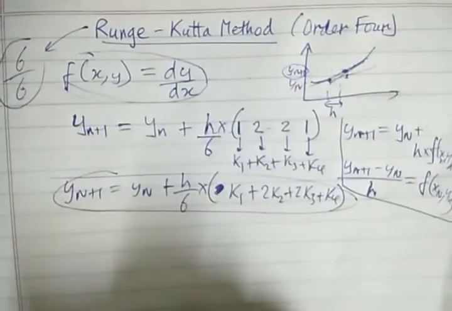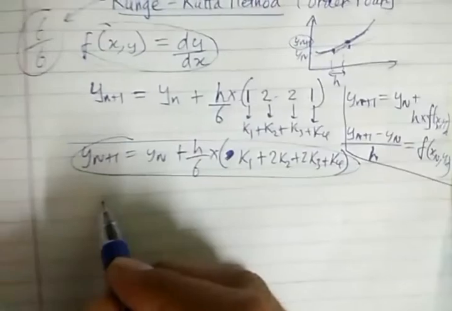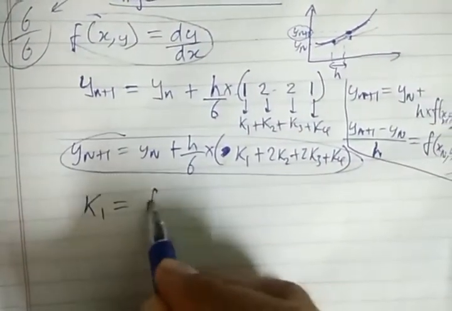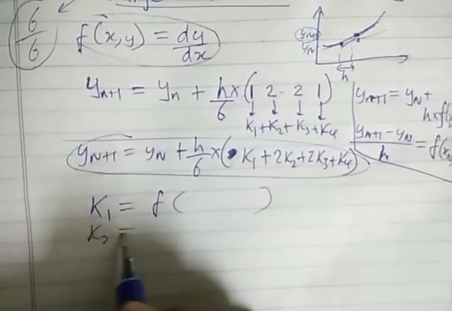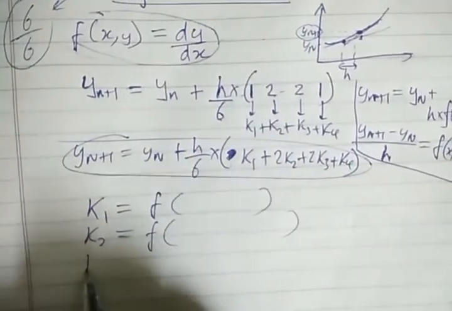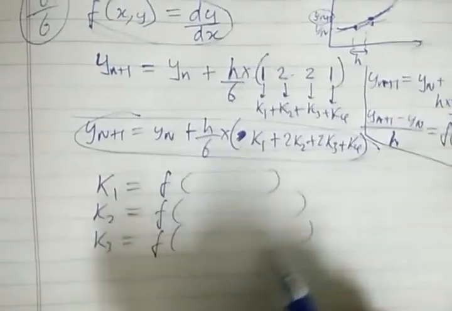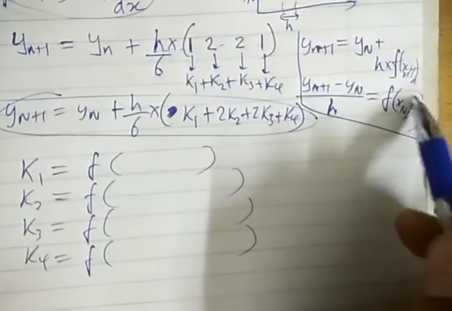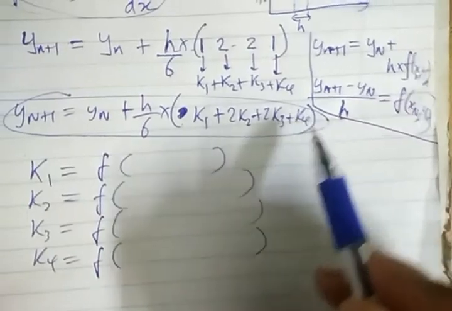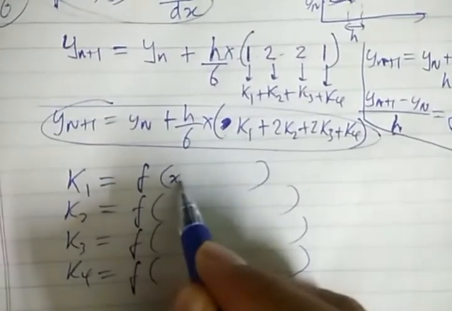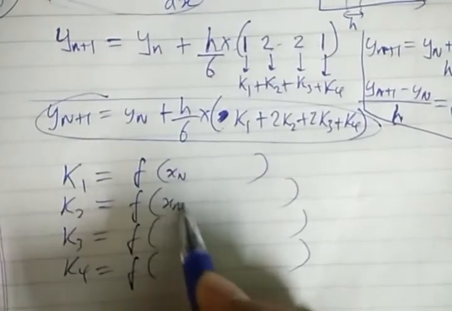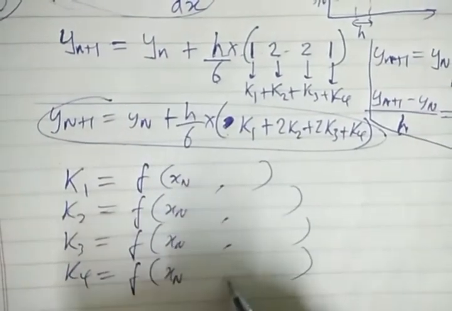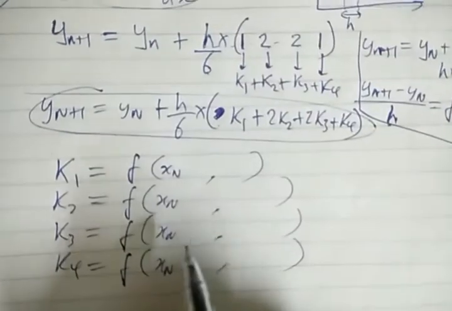And now what are the values of k1, and how to remember them? For k1 you would have f of something, k2 is f of something, k3 is f of something, and k4 is f of something, because in Euler's method we have f multiplied by h. So first take x n, then x n, and so on.